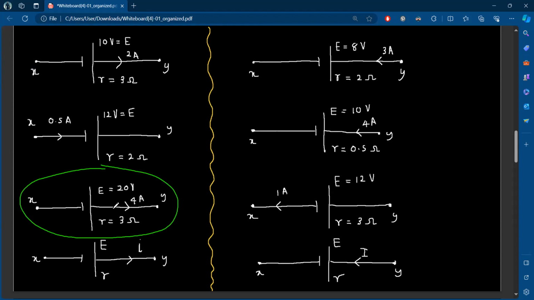Tell me the value when you calculate these things. 20.75. Okay. Any other answers? No, sir.